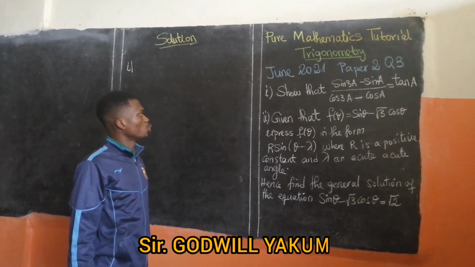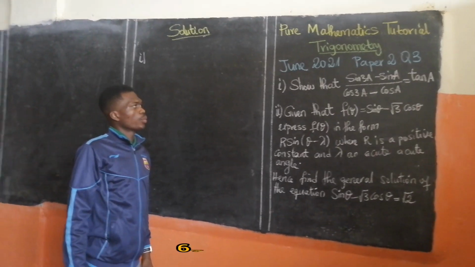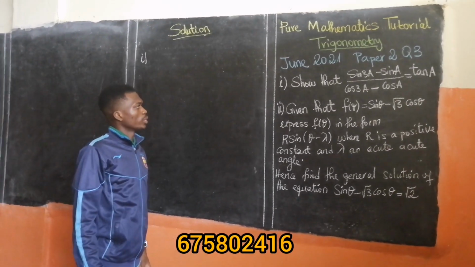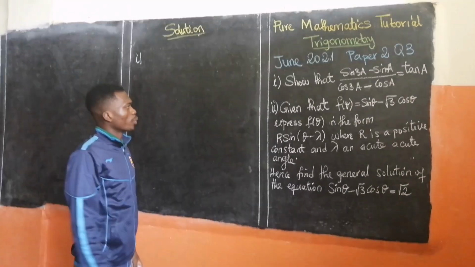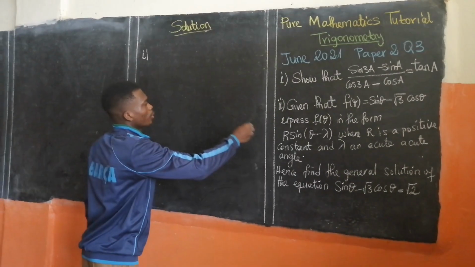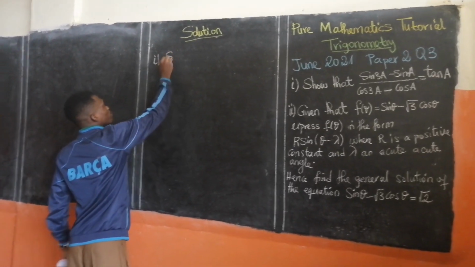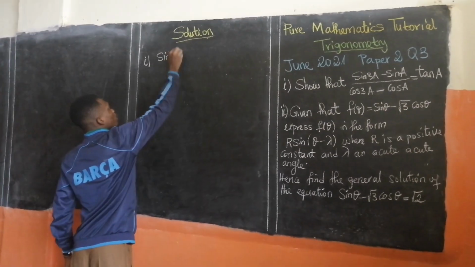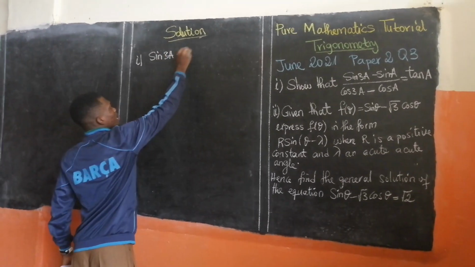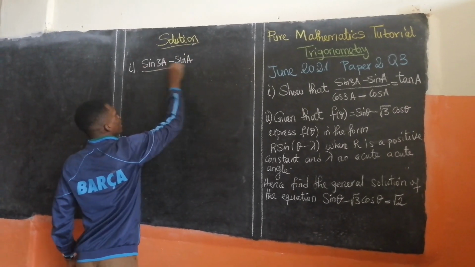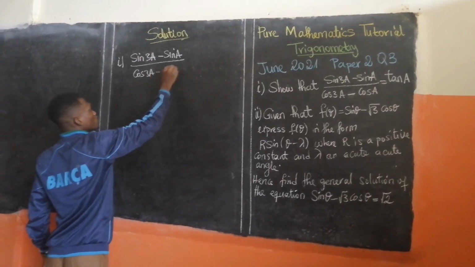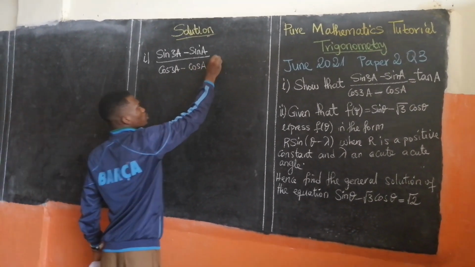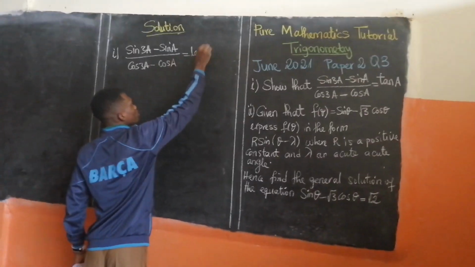We're going to continue with June 2021, question 3, a question on trigonometry. To begin with, we have to show that (sin 3a − sin a) divided by (cos 3a − cos a) is equal to tan a.